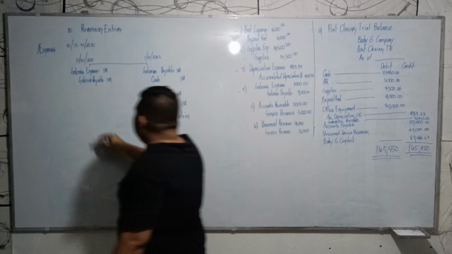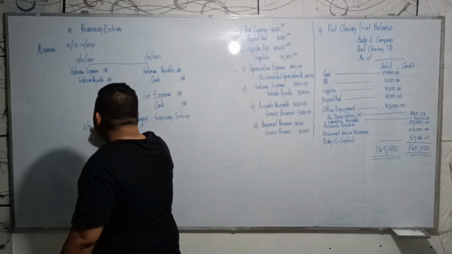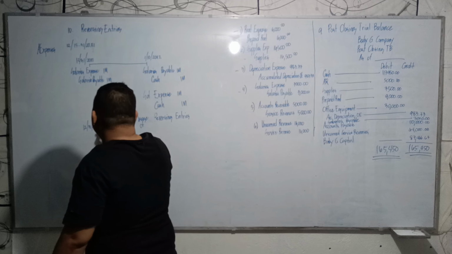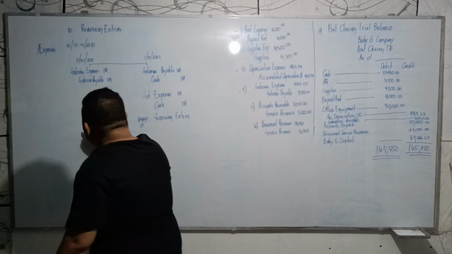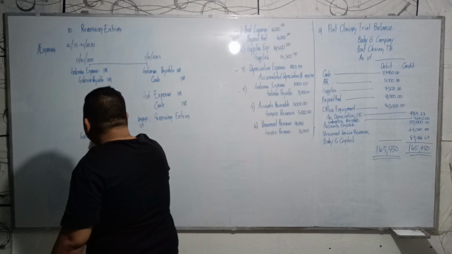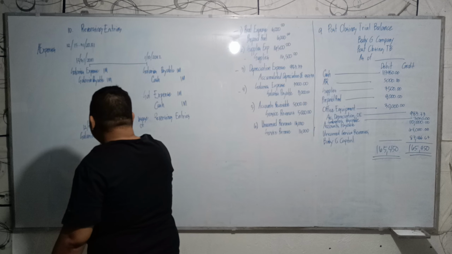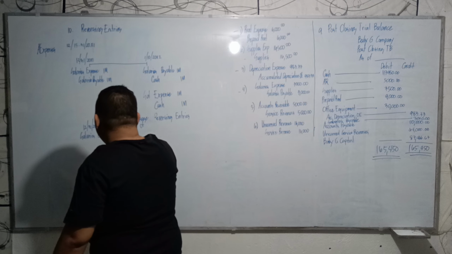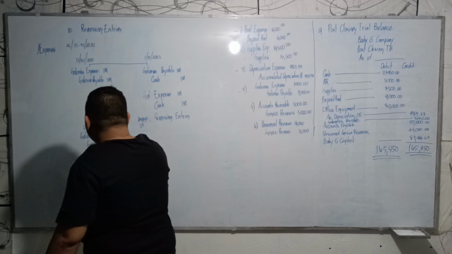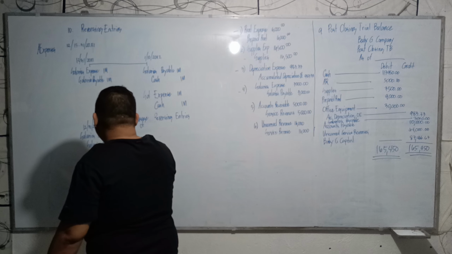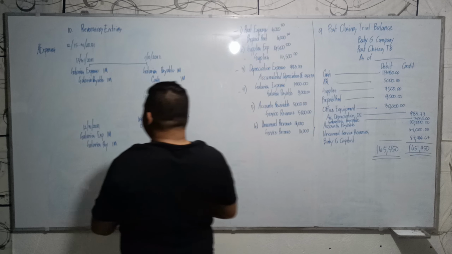So, on 12/31, 20x1, you have accrued salaries expense, 1 million, salaries payable, 1 million. Okay?